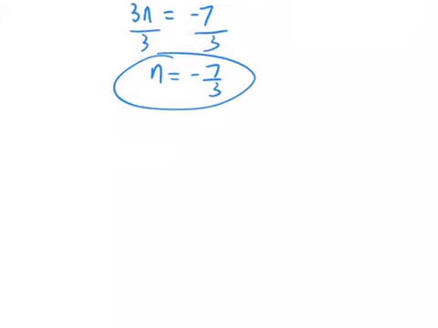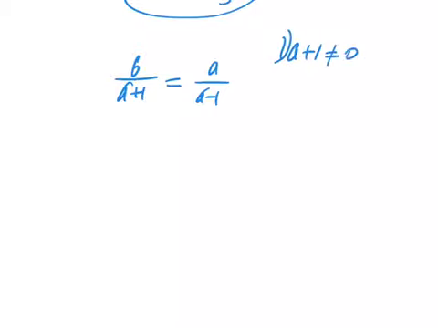Okay, and then let's look at the next one. So same thing. Domain says this one cannot be 0, so a cannot be -1, and a minus 1 cannot be 0, so a cannot be +1.